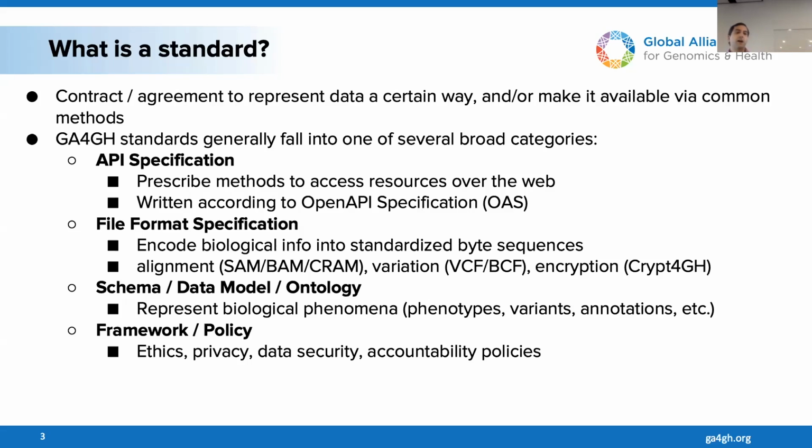We also have schemas or data models. This is a way to represent phenotypic information or a clinical assessment. Can we have a standardized way of representing that data? We also have frameworks and policies for things like regulatory ethics, privacy concerns, data security concerns, and things like that.